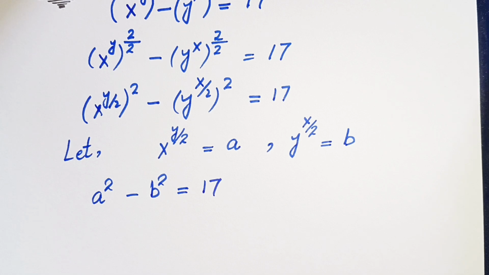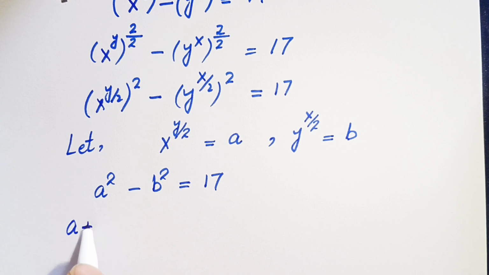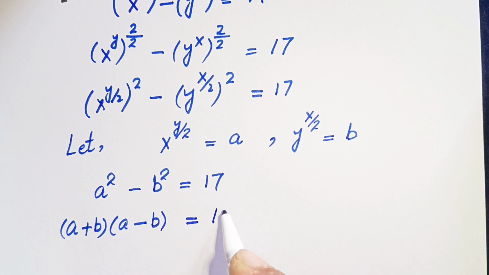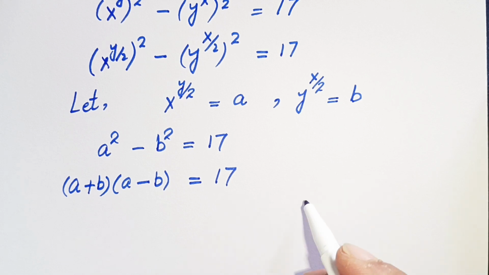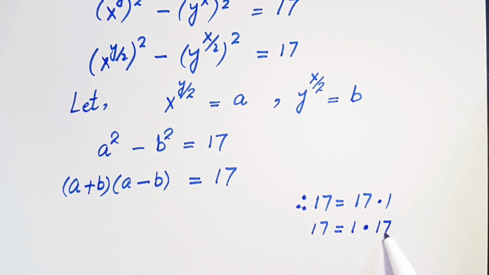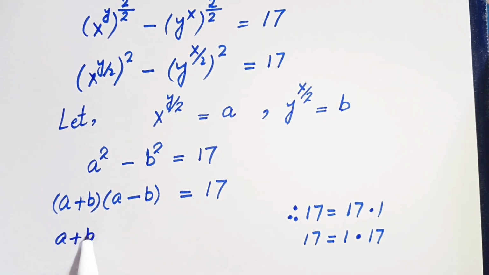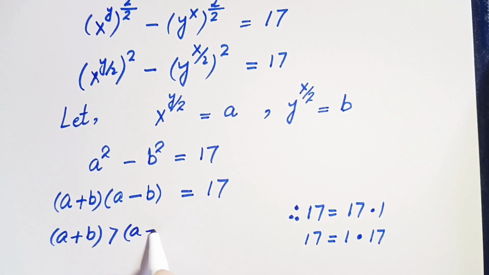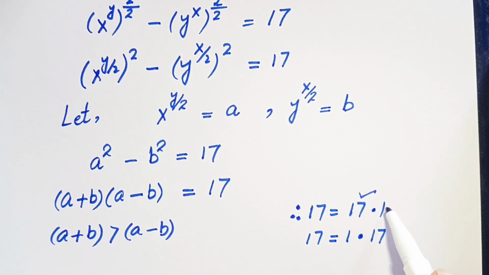which is equal to 17. Now a squared minus b squared, we know, is equal to a plus b times a minus b, a nice algebraic formula, which is equal to 17. This 17 can be factorized as 17 times 1, and similarly as 1 times 17. But in this case a plus b is greater than a minus b, so we take those values in which the first factor is greater and the other is smaller.